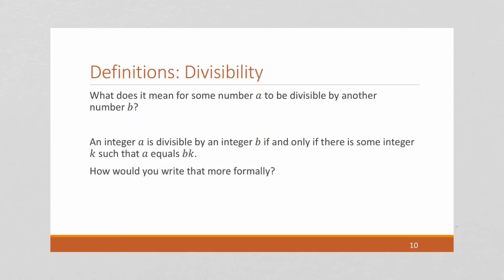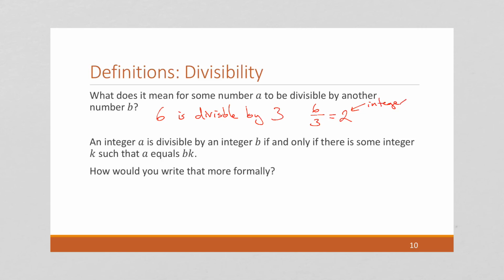Okay. Finally, let's talk about divisibility. What does it mean for some number a to be divisible by another number b? Well, we say that 6 is divisible by 3. Why? Because 6 divided by 3 is 2, and 2 is an integer.